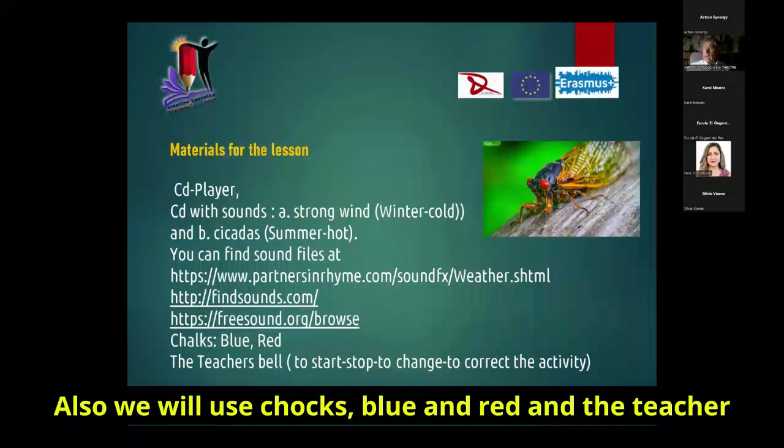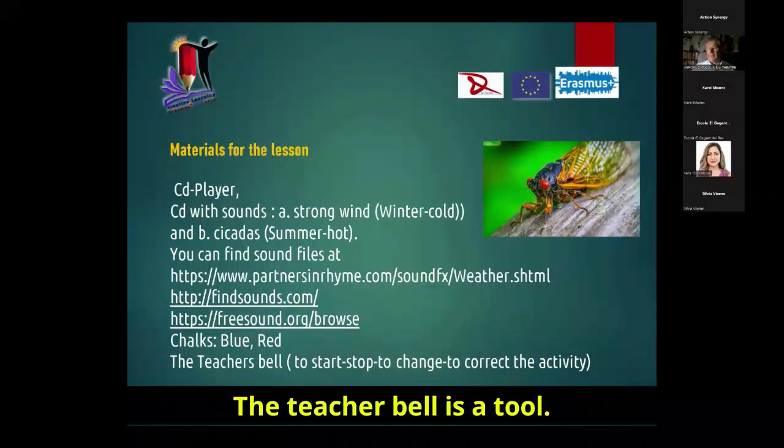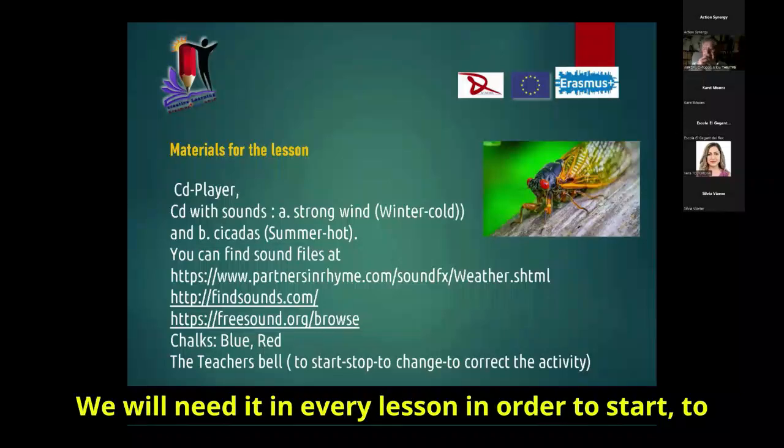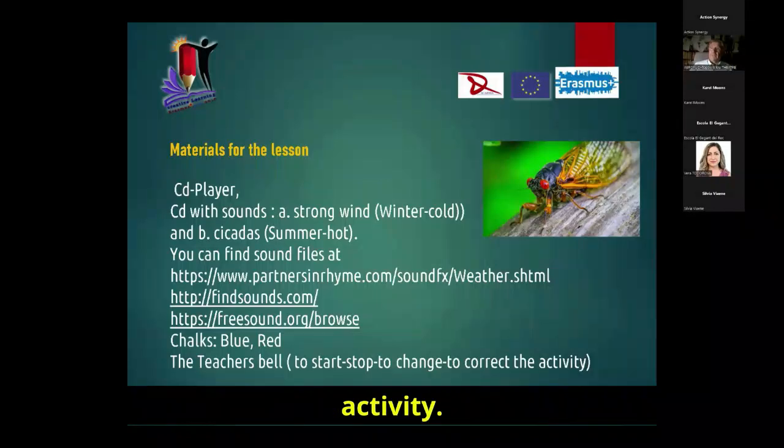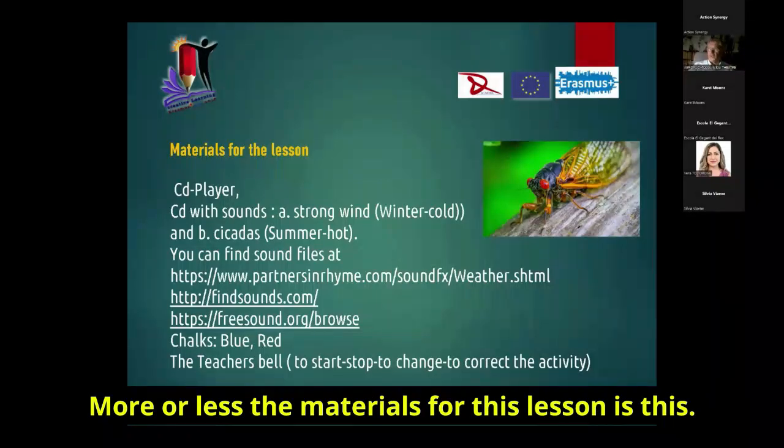Also, we will use chalks, blue and red, and the teacher bell. The teacher bell is a tool. We will need it in every lesson in order to start, to stop, to change, to correct the activity. More or less, these are the materials for this lesson.